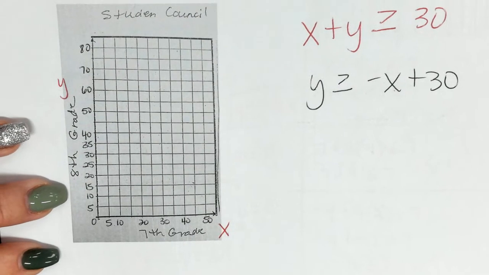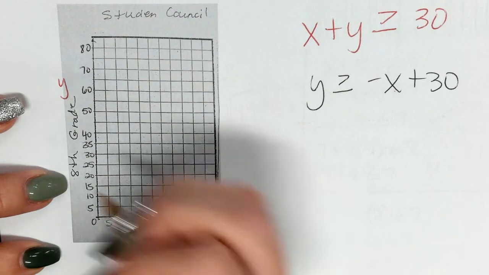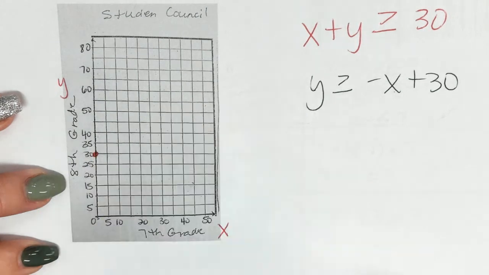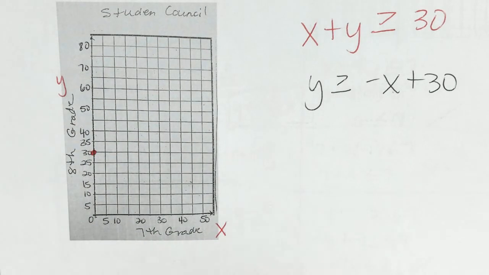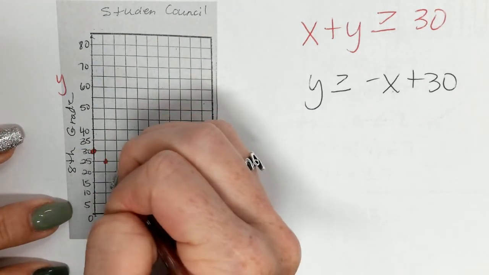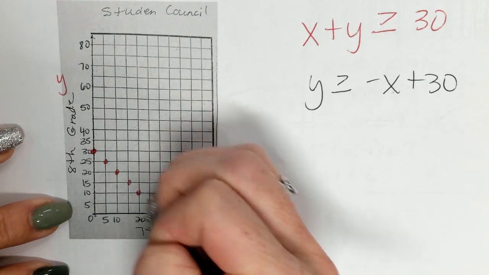All right, so I'm going to have a dot on the y-axis at 30. Since I counted by 5s and my slope is 1 over 1, can I do 5 over 5? Is that the same thing? Okay. But it needs to be a negative slope, so it's going to look like that. Yes?